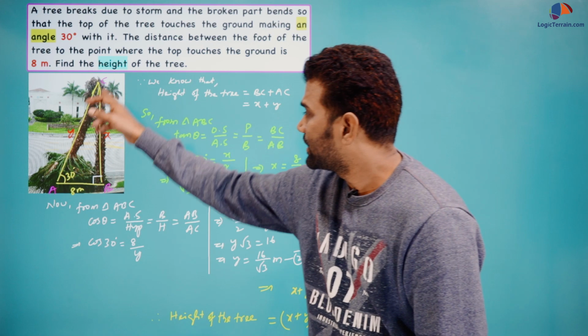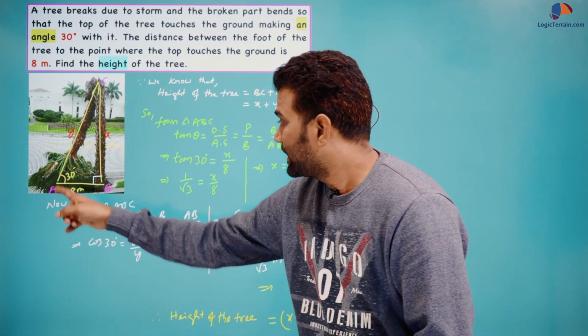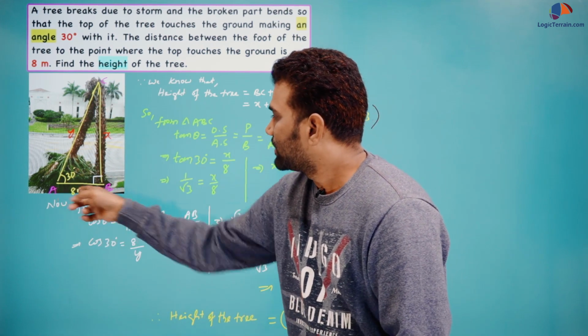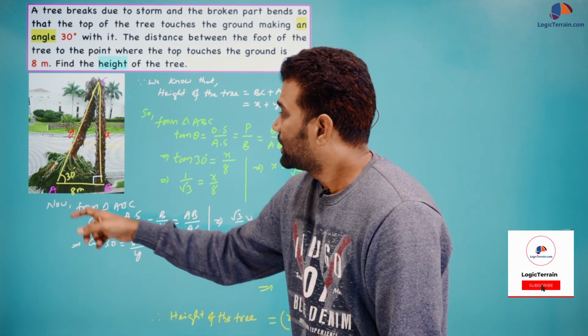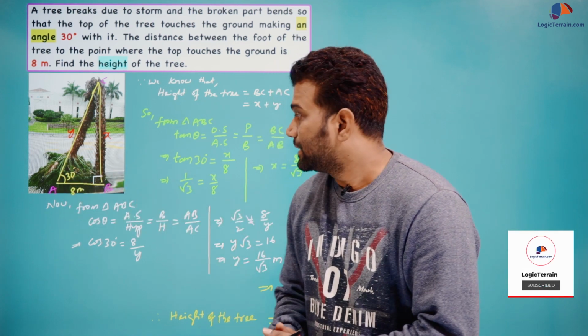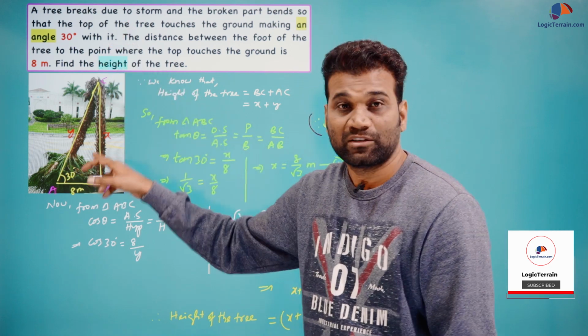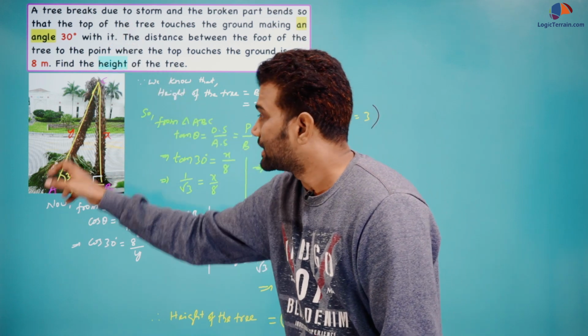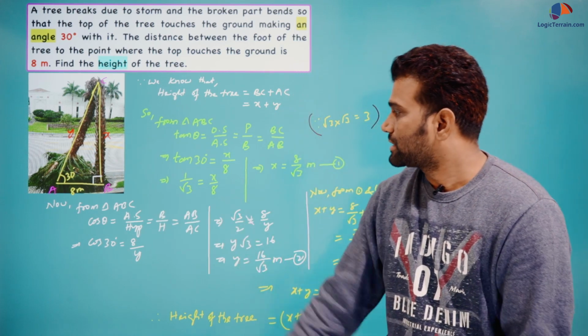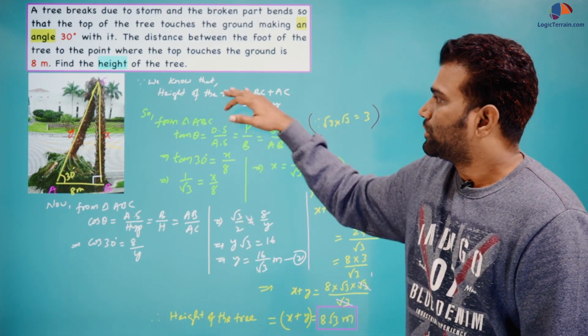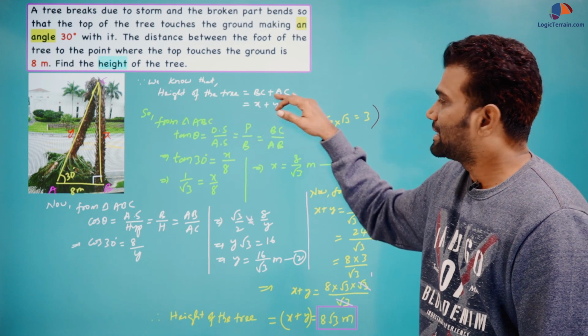Okay. Here you can visualize one right angle triangle ABC. Here we know the base, that is 8 meters, and here we are given the angle. Now we need to find the total height of the tree, that is this plus this both. So for that, first we know the height of the tree is equal to BC plus AC.